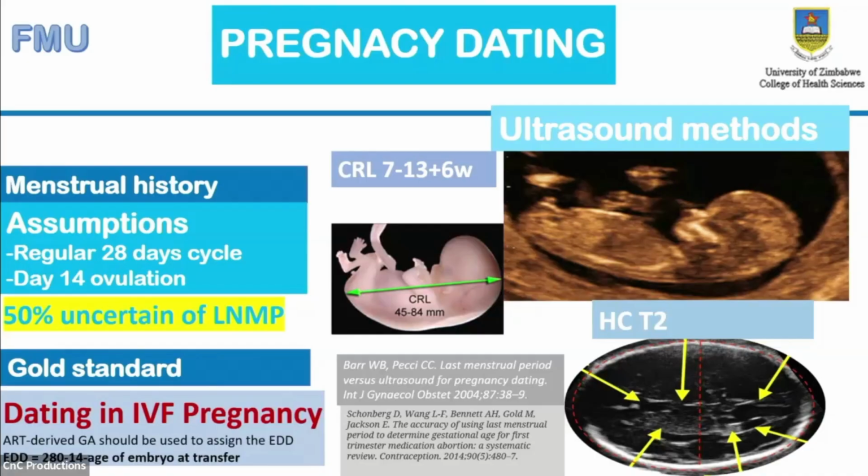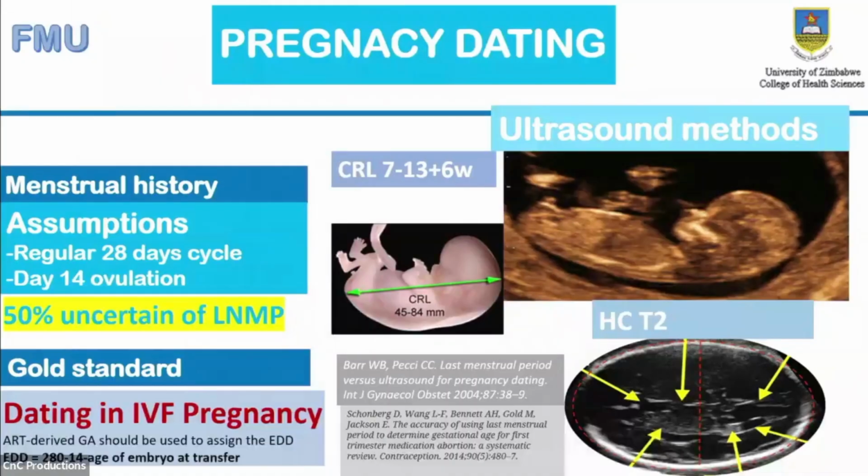Then in terms of ultrasound methods, there are two main methods which are used in the first trimester. We've got the mean sac diameter, if the fetal pole is not yet appearing. So you measure the gestational sac in 3 planes, then the average is what is used to date the pregnancy.